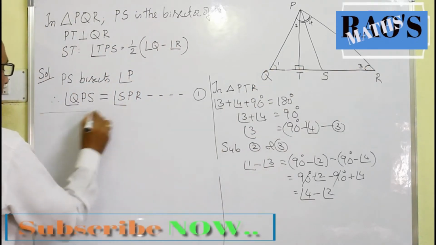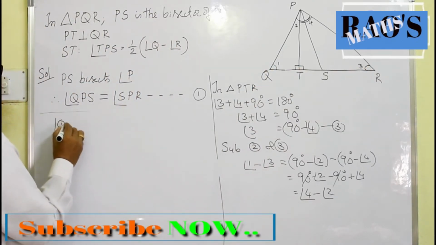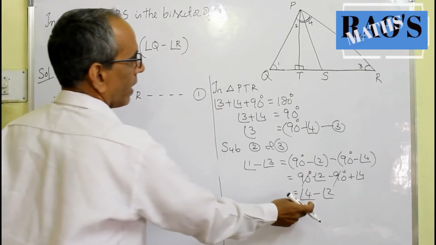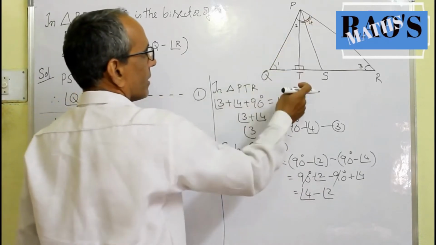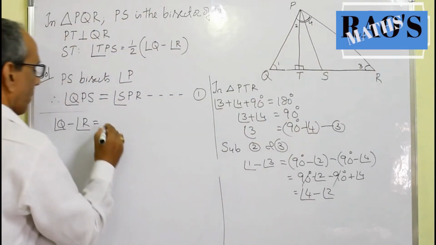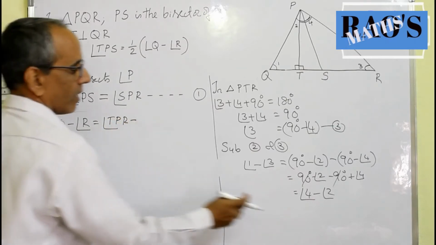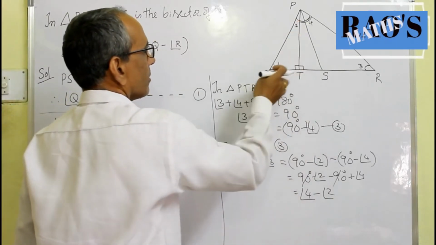Angle Q minus angle R is equal to angle 4, and angle 4 is nothing but angle TPR, minus angle 2. Angle 2 is nothing but QPT.